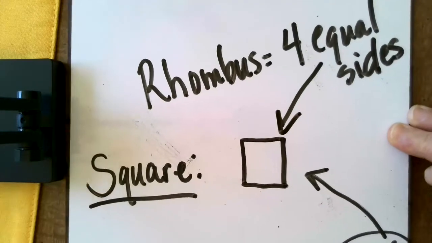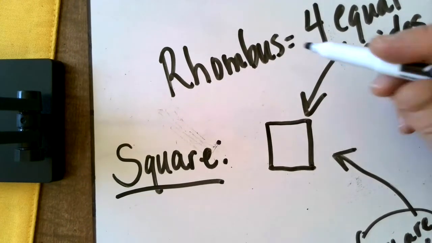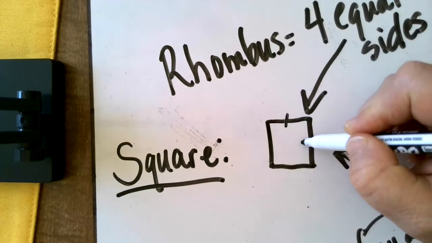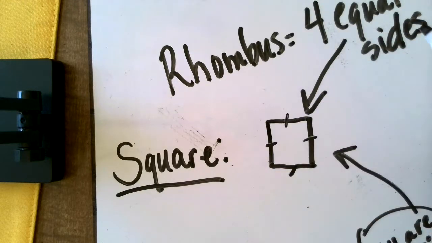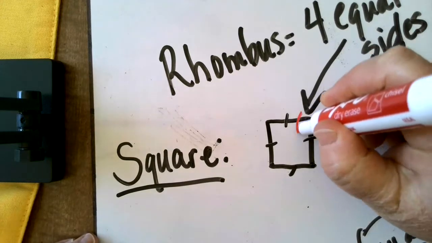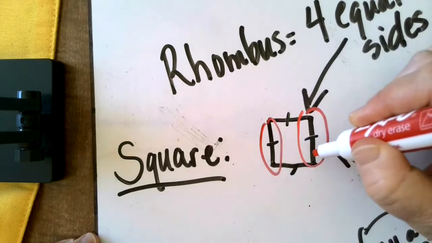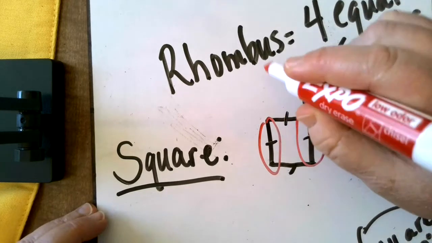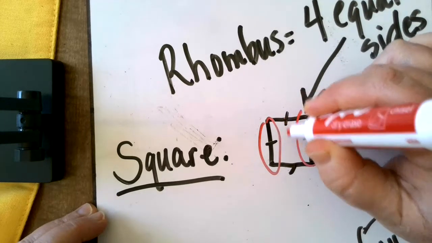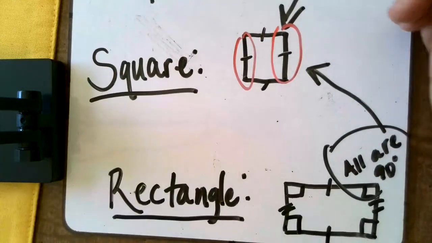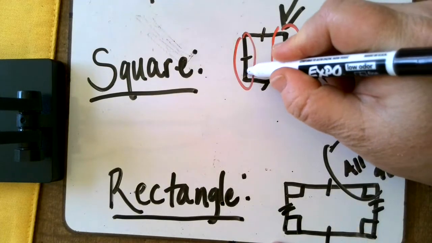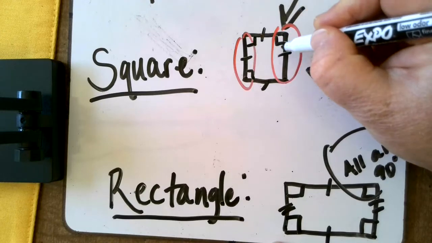So a square is really a combination of both. All sides are equal with two sets of parallel sides. Okay, so this side, let me see if I get my red marker here. This side is parallel along with these two sides being parallel. Do you see that? So now all four sides are equal, plus all angles are 90 degrees.